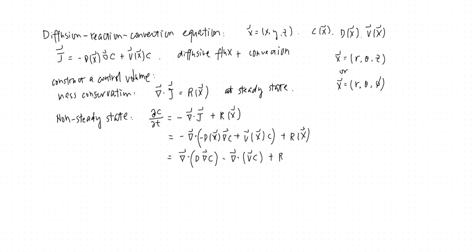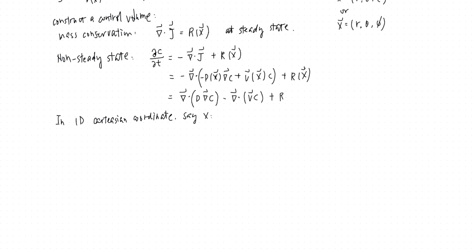So in 1D Cartesian coordinates, the above 3D form reduces to 1D.